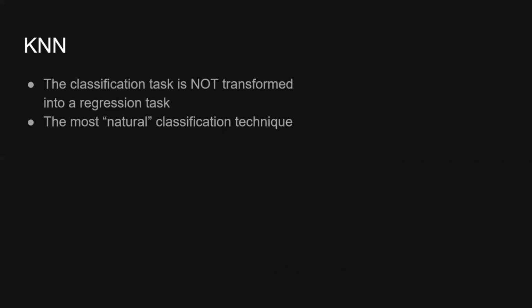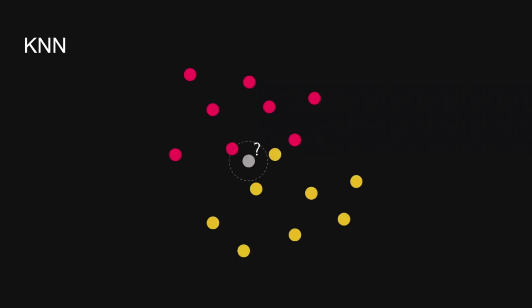K-nearest neighbor, recall, is an algorithm based on previous observations. When there's a new data point, a new observation, we currently don't know the class of this new observation. When we have such a new data point, what we do is basically find the K nearest neighbors. So in the case of k equals 1, we find the nearest neighbor, which is this pink dot over here.